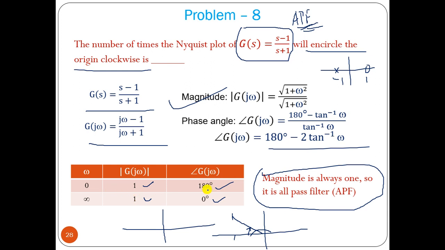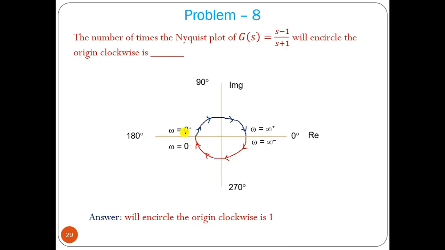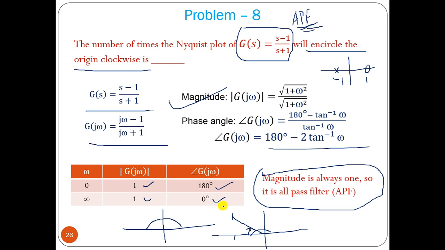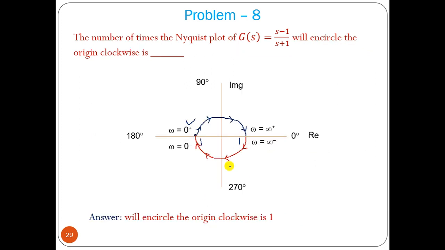At omega equal to 0, it should be on the 180 degree line, and at omega equal to infinity, it should go to 0 degrees. At omega equal to 0 the magnitude should be 1, and this is your inverse plot.